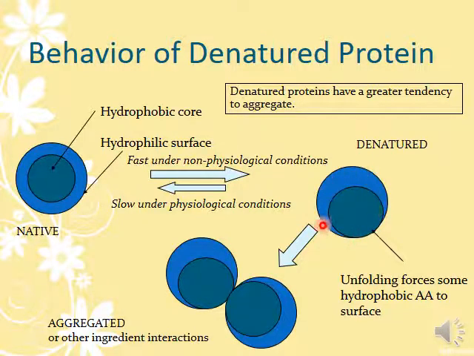Okay, this is where the unfolding begins. It forces the hydrophobic core to the surface, and when it goes to the surface, it aggregates with another native molecule of protein, and that is why denatured protein changes in terms of physical appearance.